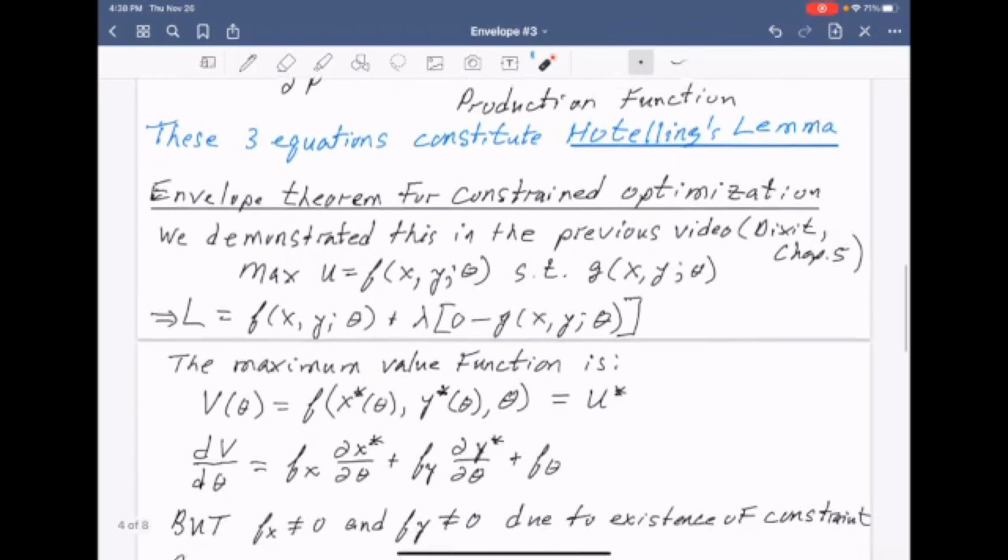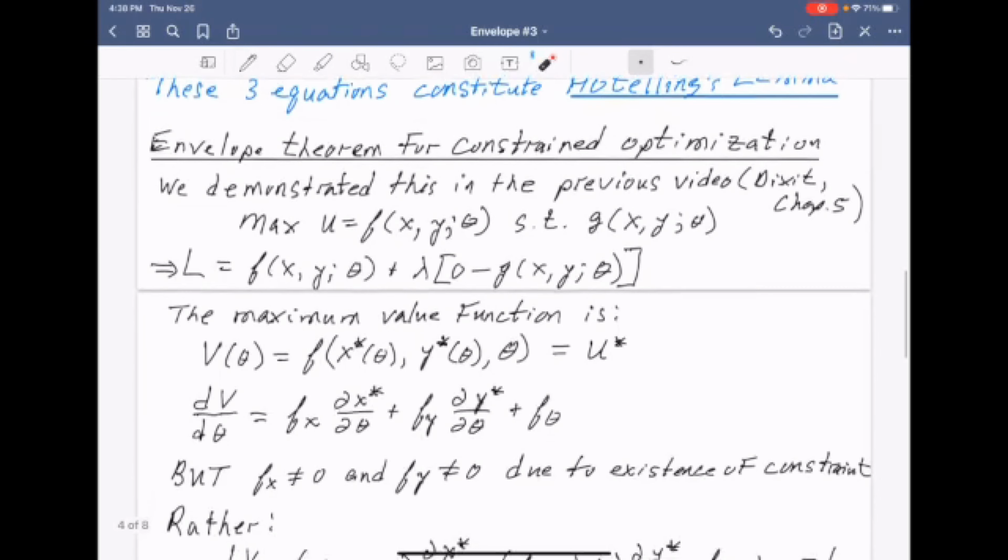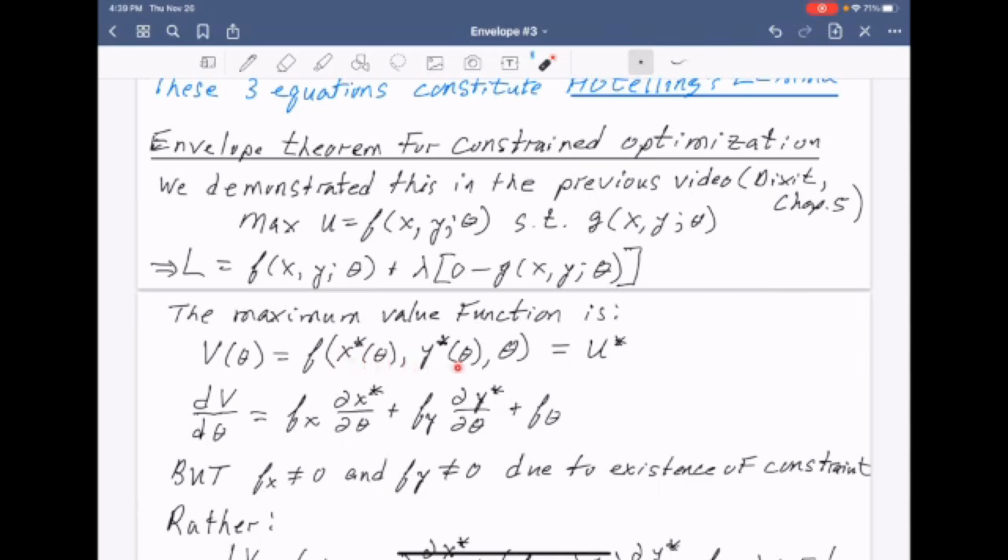The maximum value function in this case, we denote V as a function of theta, is equal to f. We substitute in the optimal values for x and y, denoted by stars and each a function of theta. And of course, we've still got that theta there as well.